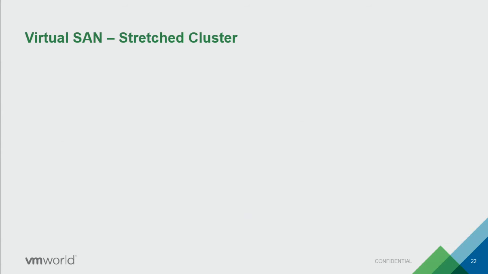How many of you know we have stretch cluster for vSAN now? I think that was a good session yesterday. If you have attended that session, then you know how that works. Just a recap for those who were not in that session, of what stretch cluster is for vSAN. This is an ability to stretch across multiple sites, right? We support 3 sites: primary, secondary, and a witness site.